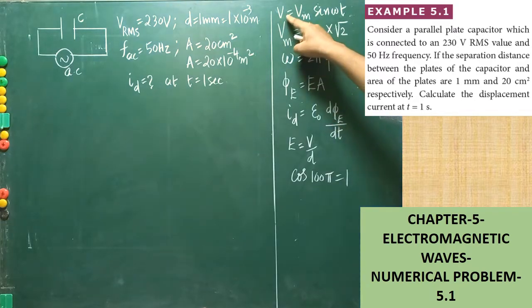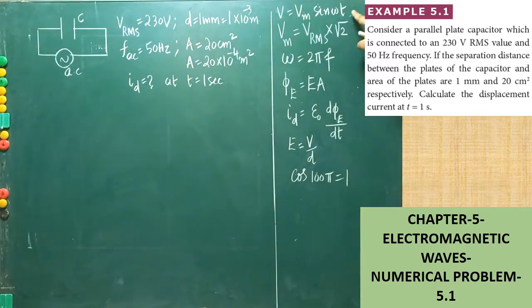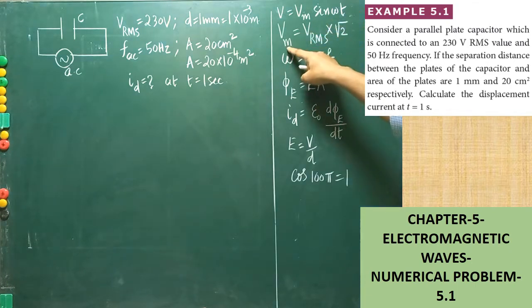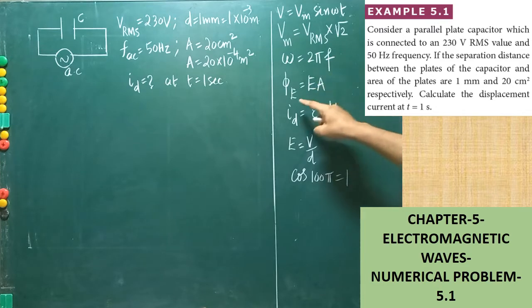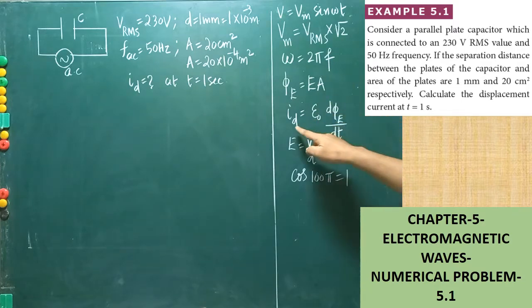First you should know V is equal to Vm sin omega t. Already you have learned this formula in 4th chapter. And maximum voltage is also equal to Vrms into root 2. Omega formula is also already known. Omega is equal to 2 pi into f. And electric flux is equal to electric field into area. This formula is also already known.